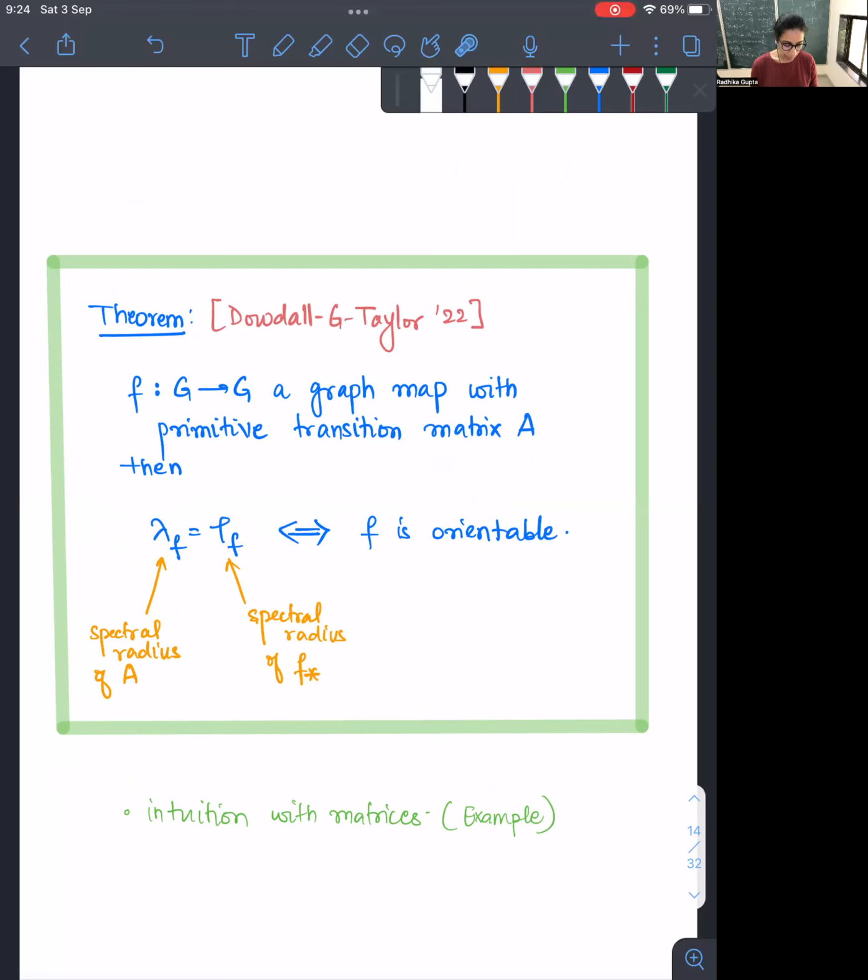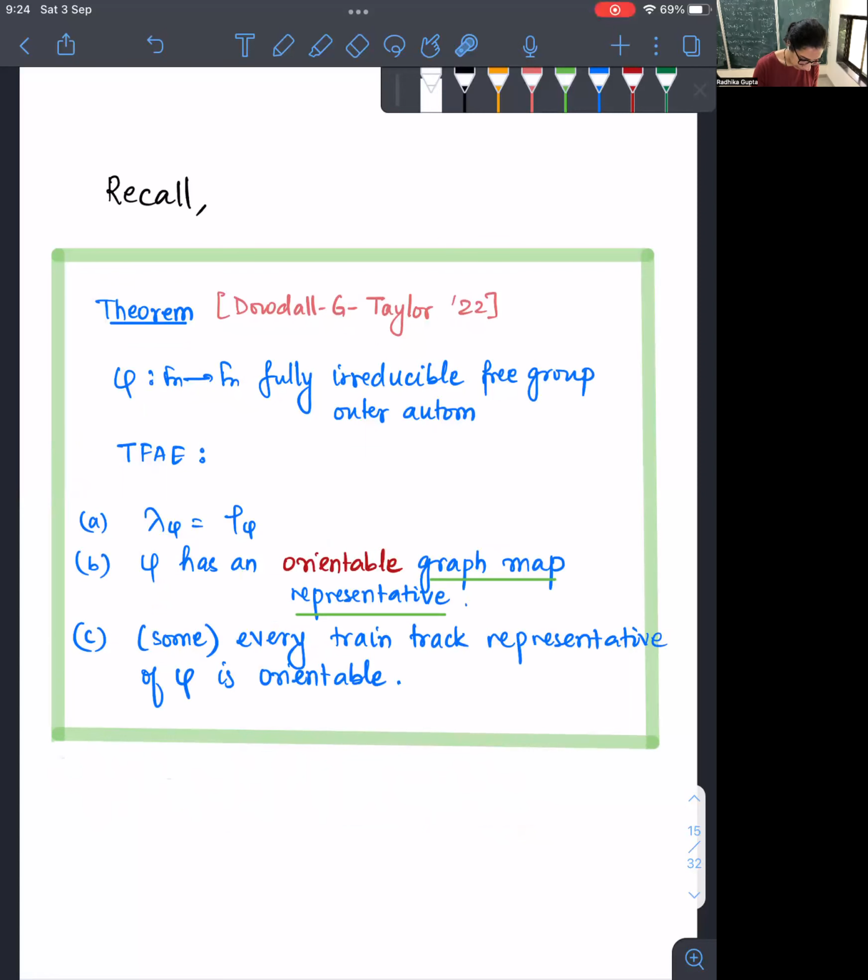Okay, so connecting this back to our original question for free group automorphisms, here's a theorem again. If I have a fully reducible outer automorphism, I wanted to understand when the stretch factor is determined by the homological stretch factor, or when they are equal. And they're equal when I can represent phi by a graph map, when I can find a graph map representative, which is actually orientable.